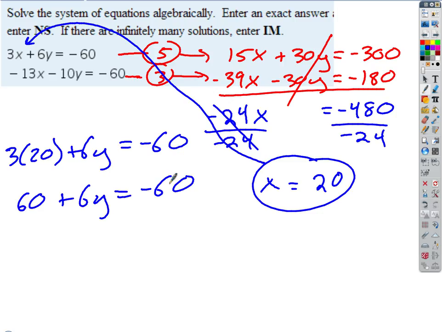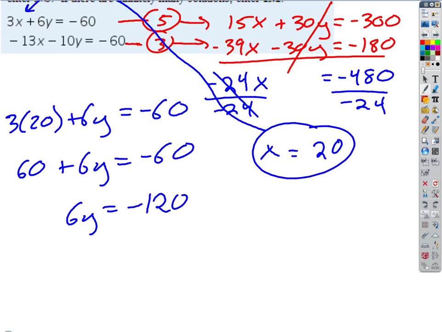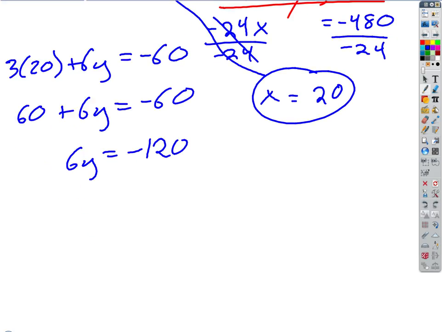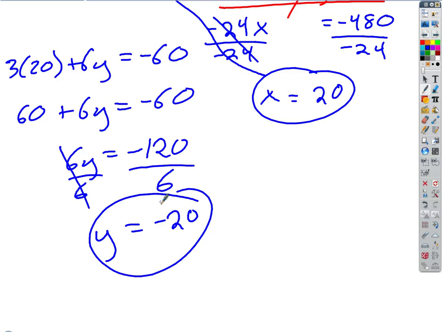What are the 2 steps to solve for y? Subtract 60, so I get negative 120, and then divide by 6. So y is negative 20. My solution, my ordered pair, would be 20, negative 20 in that order, right? Okay?